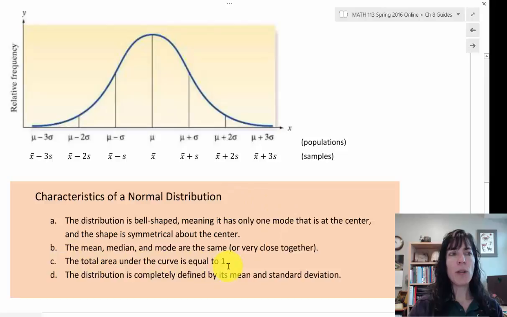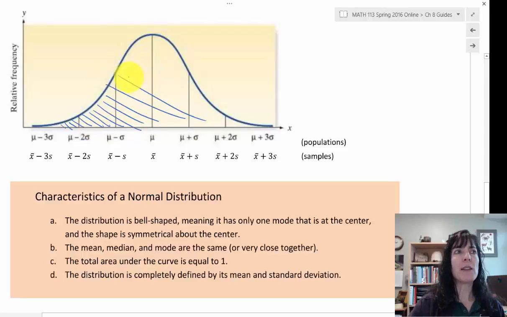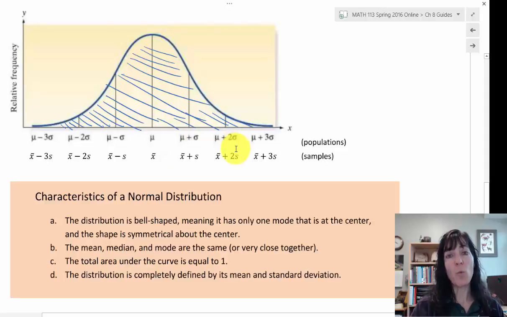Another thing is the total area under the curve is 1. So if I'm looking at all of this area, remember how we were drawing in the areas before of what we were interested in that would answer our question? Well, here this entire area, all of this, including all the way over here, all of that together totals 1.